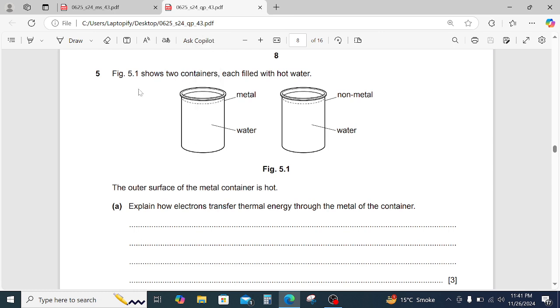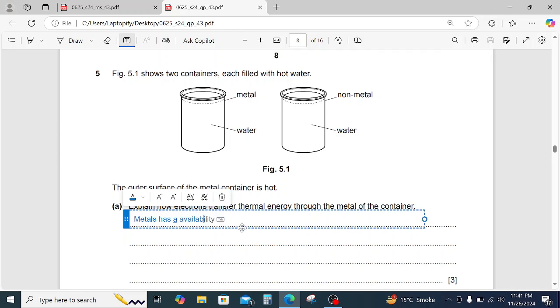Okay, basically in that case metals have availability of free electrons, and they are free to move throughout the whole surface of the metal.